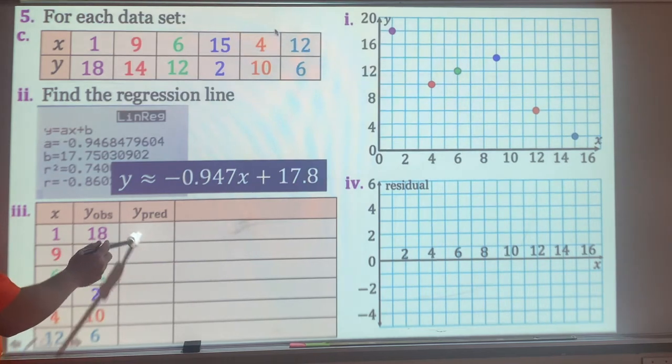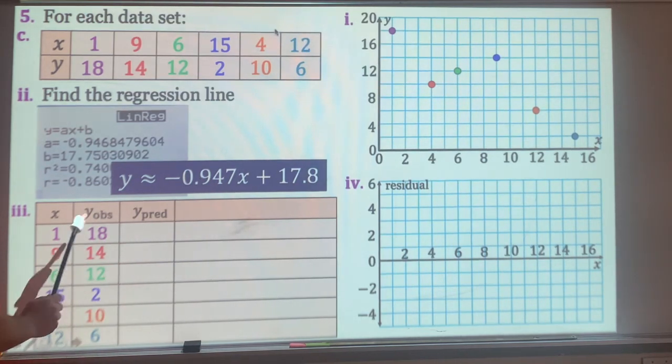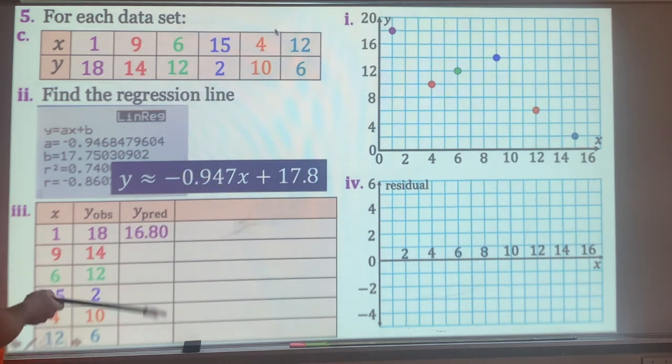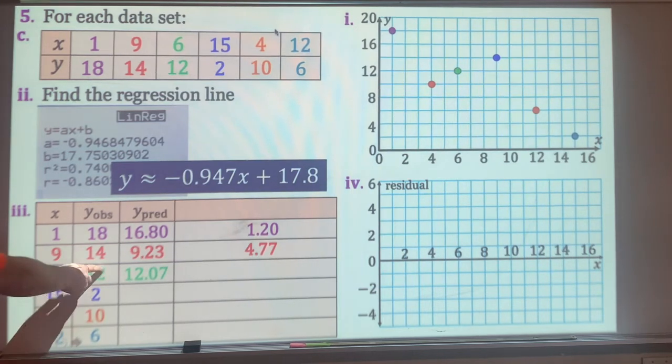Y observed, Y predicted. You type in your x's, 1, 9, 6, 15, 4, and 12. You get 16.8, and the difference is 1.2. 9.23, subtract the 2, you get 4.77. These are all your residuals. 12.07, subtract 2, you get 0.07.